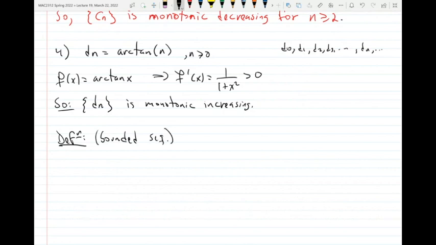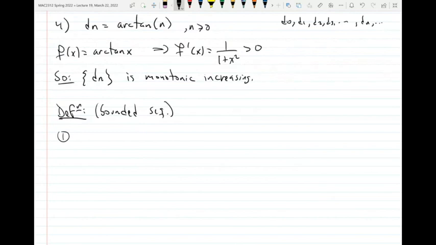Can we solve this one by the definition of the domain and range of arctangent?